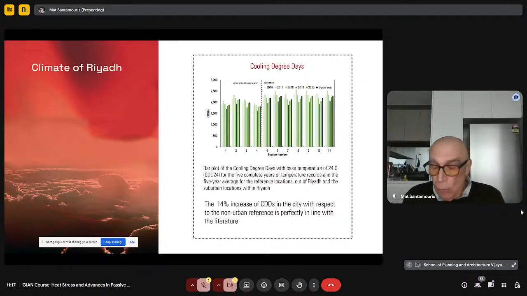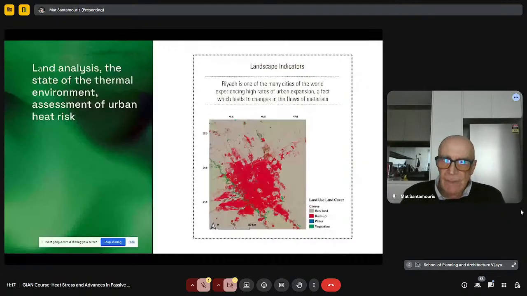For one complete year, the urban stations, on average, present 14% higher cooling degree days than the reference station. And this shows the magnitude during the whole year at the city scale.